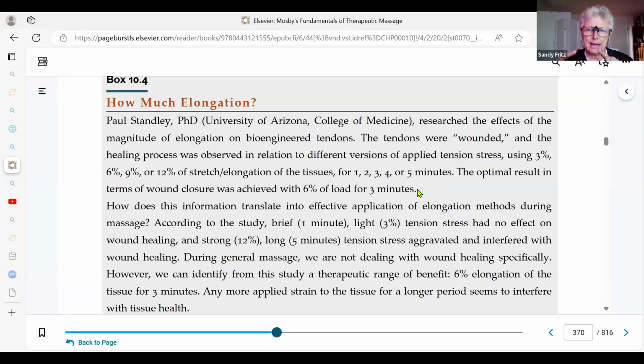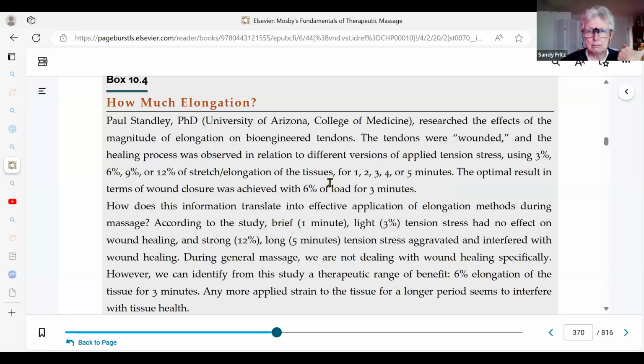And he can study that, or we scientists can study that. So another example of how this unique modality-based language interferes with us interfacing effectively with the scientific community.